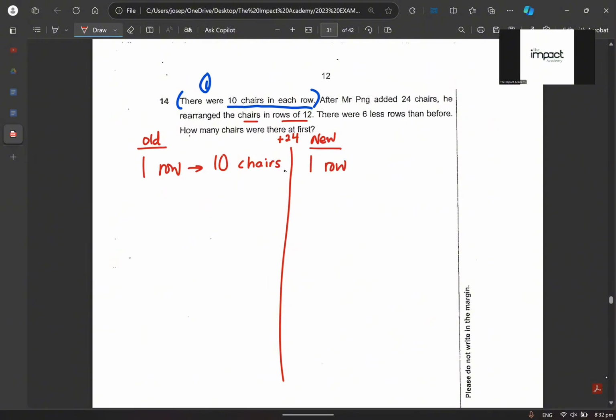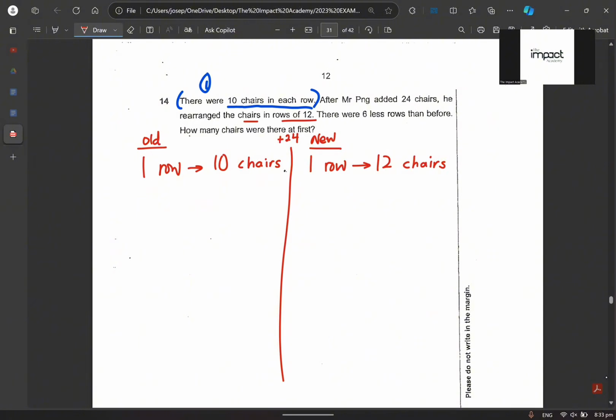Now, what is my 1 row right now? Rearrange the chairs in rows of 12. Right now, it is 12. You add 2 in each row. Now, how many rows do I have?